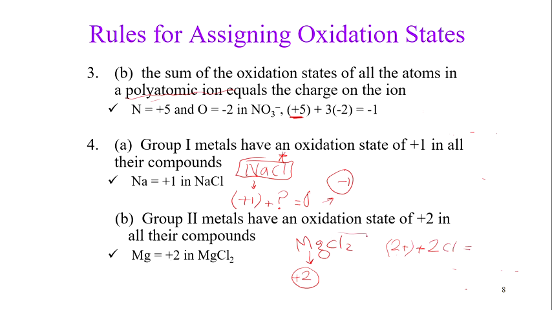What is the charge for this compound? Nothing, 0. So I am going to solve that one. If you solve this, you are going to get that the oxidation number of chlorine is 1 negative. So you only need to pay attention to how to plug into the equation and solve your problem.